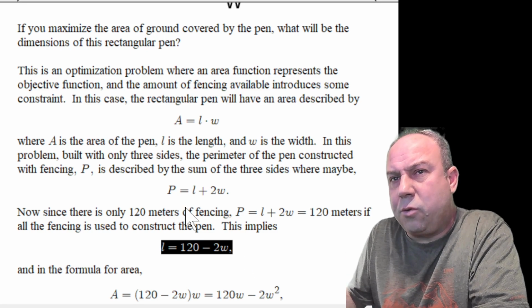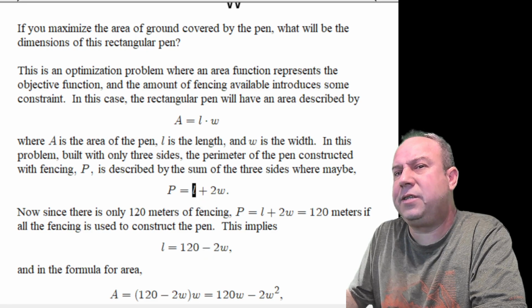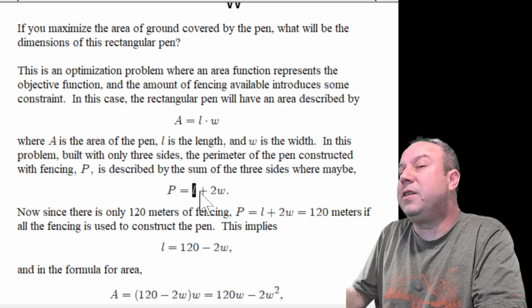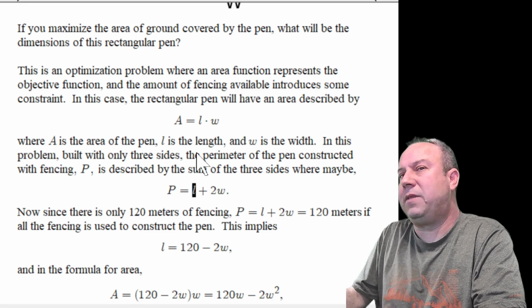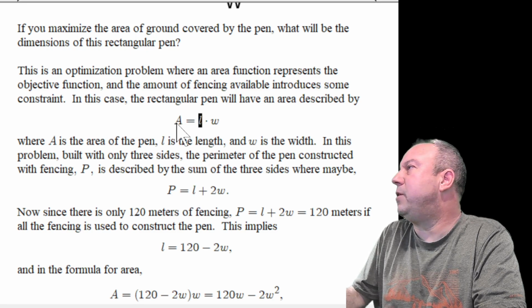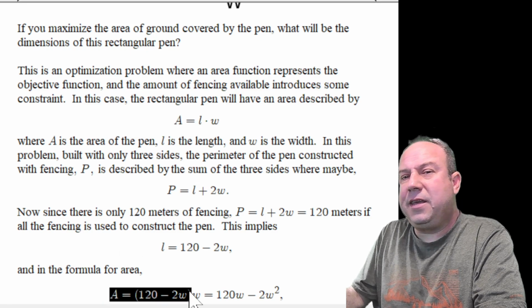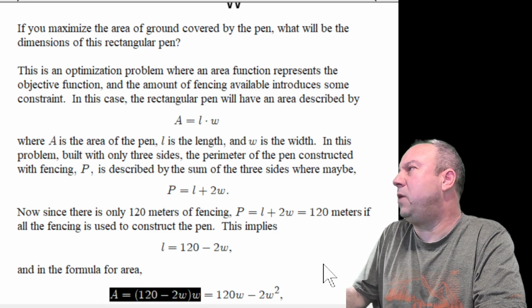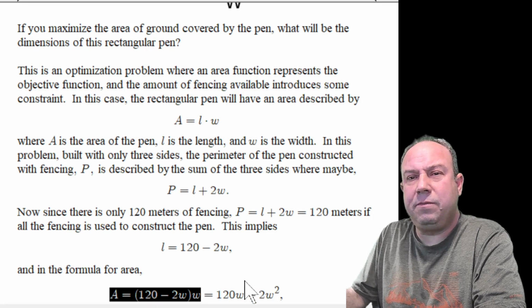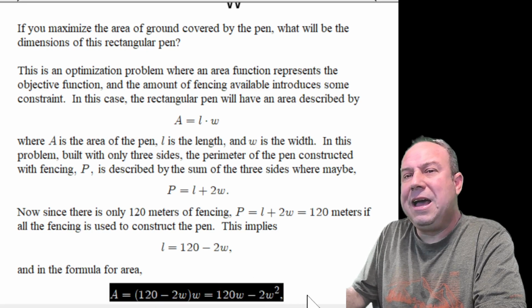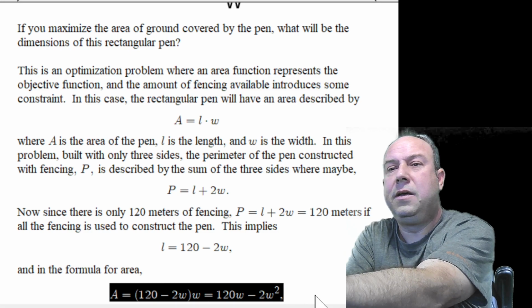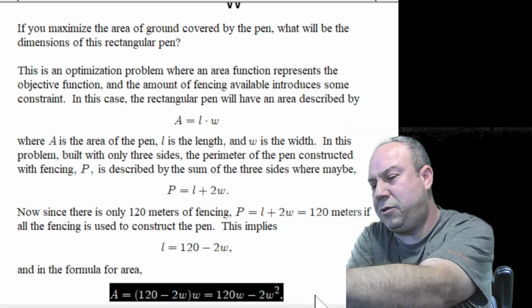And with 120 minus 2W for L, I can actually substitute it into the relationship for area, and I can think about our area being 120 minus 2W times W. Or what would be 120W minus 2W squared.